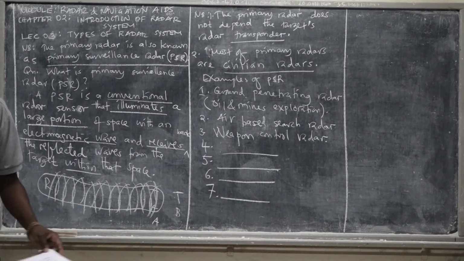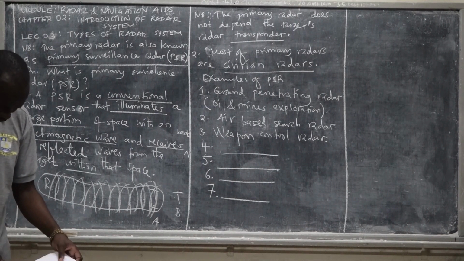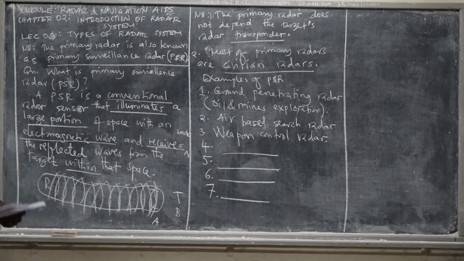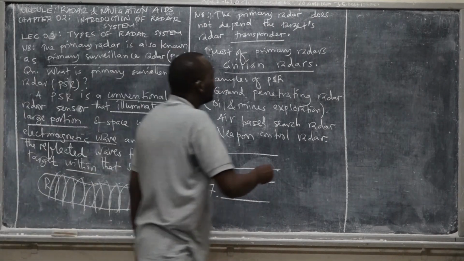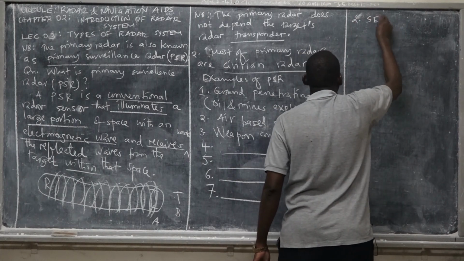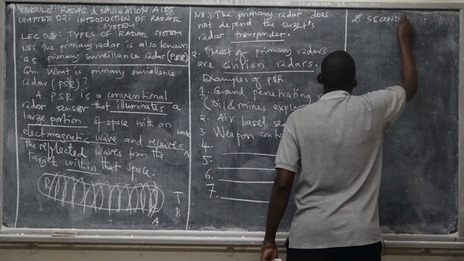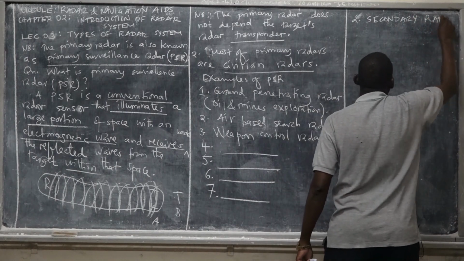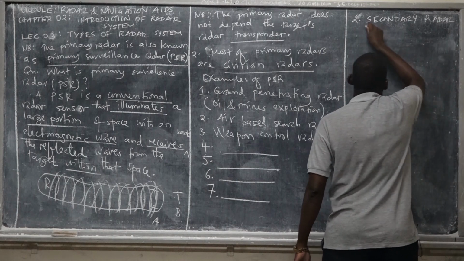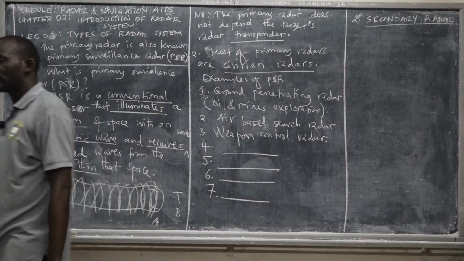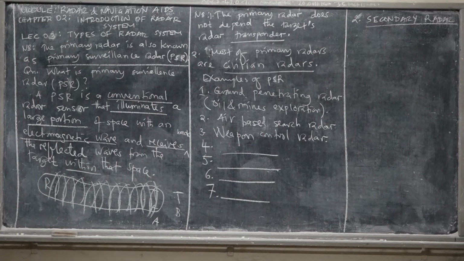So I think I've given you a clue about primary radar and its categories, and that is kind of interesting. Now, let us discuss the second type of radar, which is called the secondary radar. We discussed primary radar, its types, and then further categorized its types.